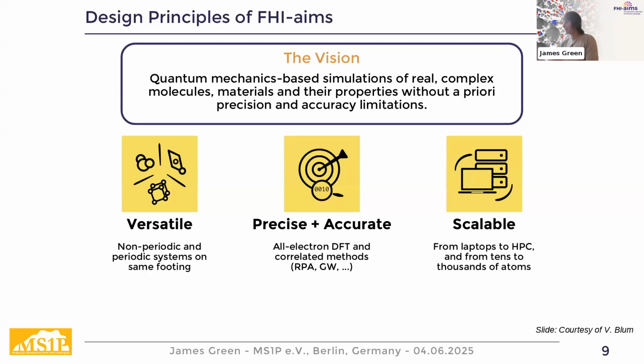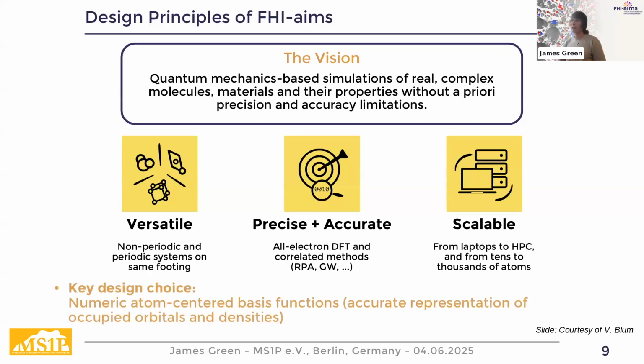And finally, it should be scalable from laptops to large HPCs with thousands of compute nodes or thousands of CPUs, and from tens to thousands of atoms. And a key design choice that was made in trying to fulfill these aims was to use numeric atom-centered basis functions.